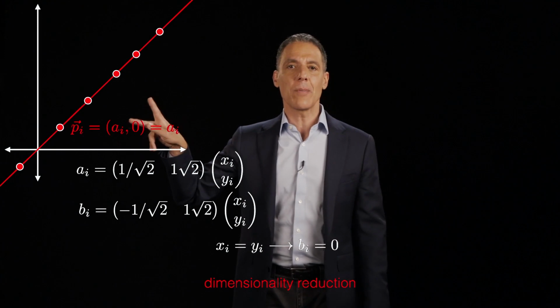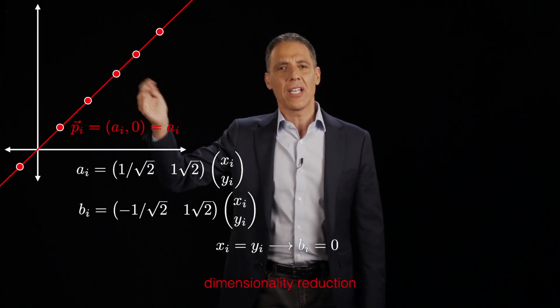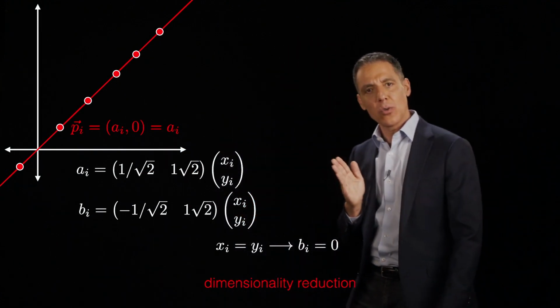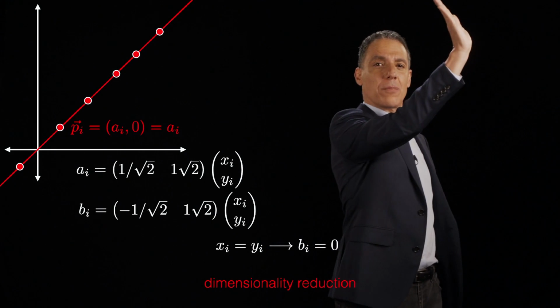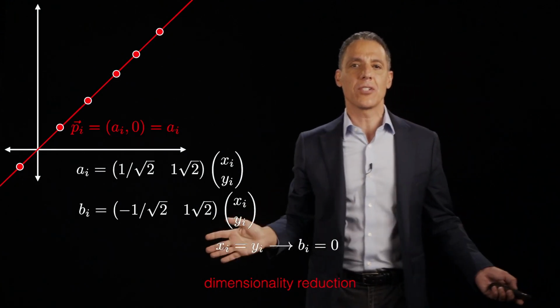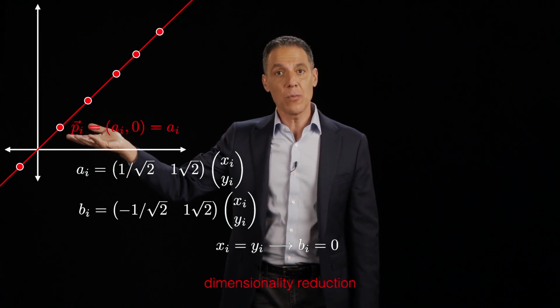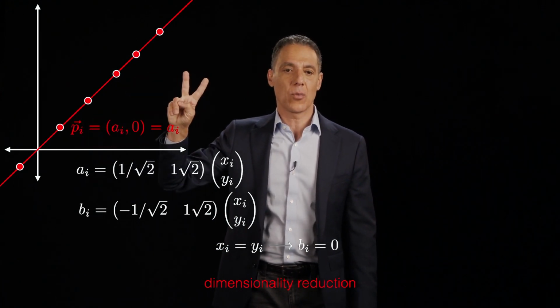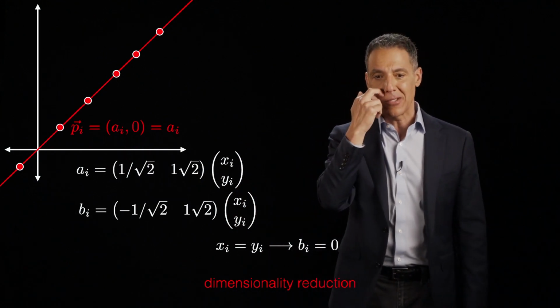I started in a two-dimensional space, but the points lived on a line. And if they lived on a line and I chose one of those bases to be along the line, well then that whole other part of the space is irrelevant to me. And now, instead of representing everything with two values, x, y, I only need one. That is the very definition of dimensionality reduction.